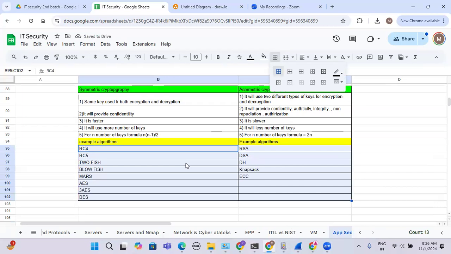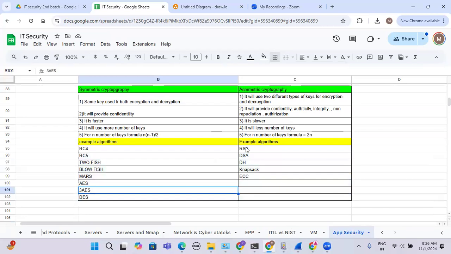We can use combinations like DES plus RSA plus DH, and similarly AES with RSA, and also 3DES. In such a way, we can use hybrid.